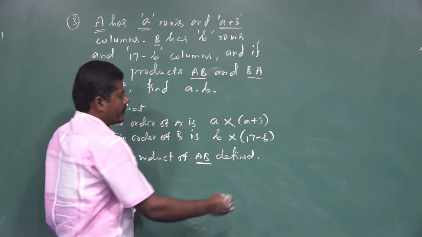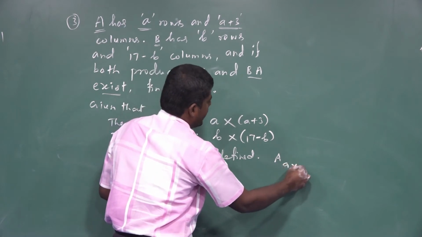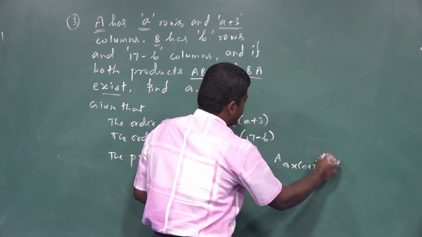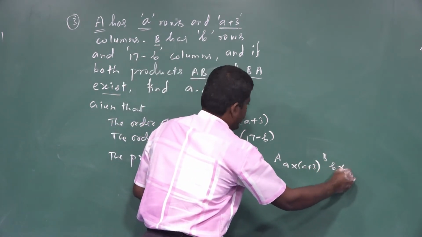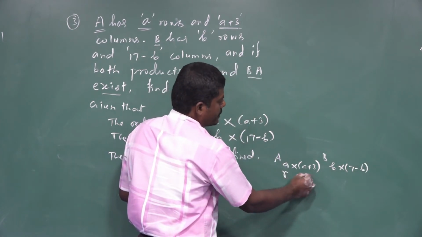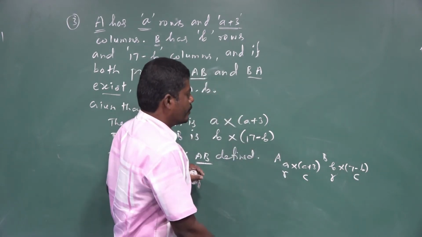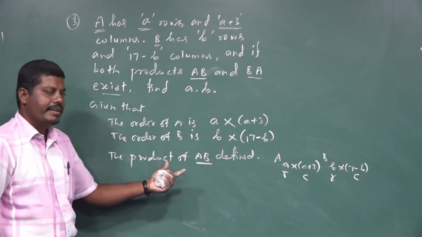So matrix A has order a by a plus 3 and matrix B has order b by 17 minus b. This is row, this is column. Matrix multiplication is possible, since the product of AB is defined.